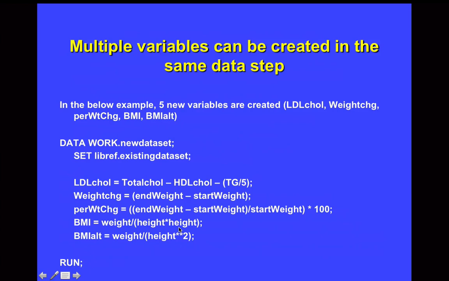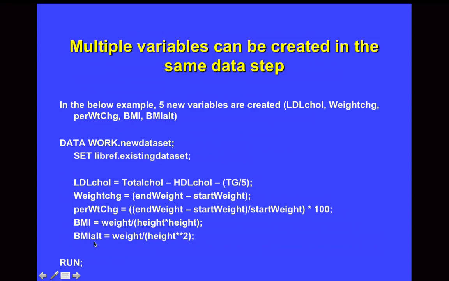Now again, weight and height are variables that have to exist in your data set, and obviously they have to be in the correct units. It's an easy thing to overlook, but if weight comes in pounds and height comes in feet or inches, you'll have to make the correct conversions, also using assignment statements, before you can create your final BMI variable.